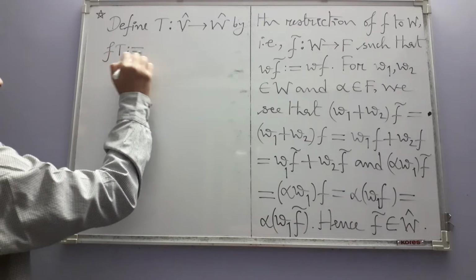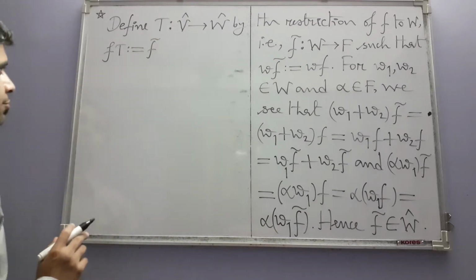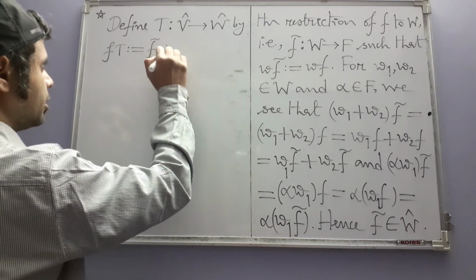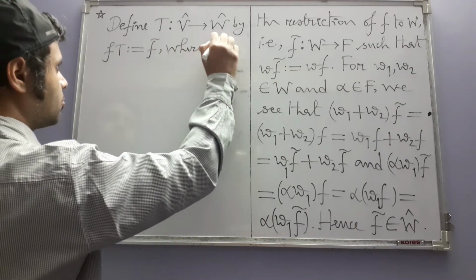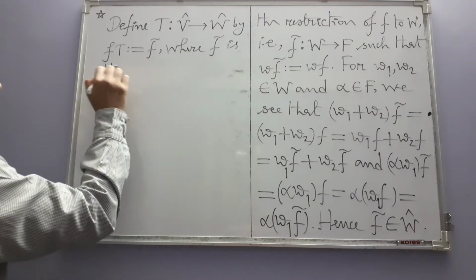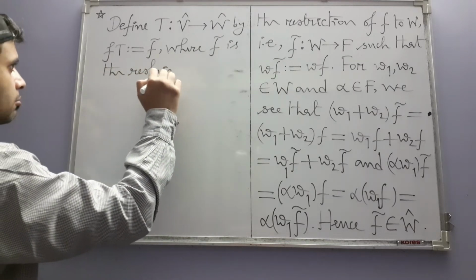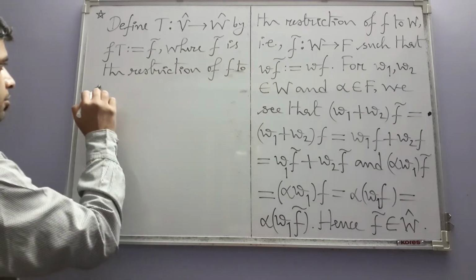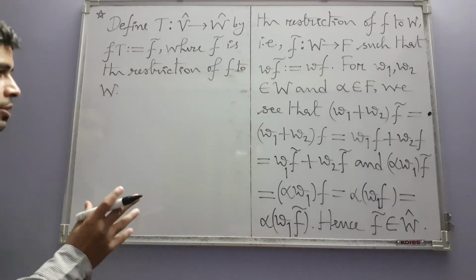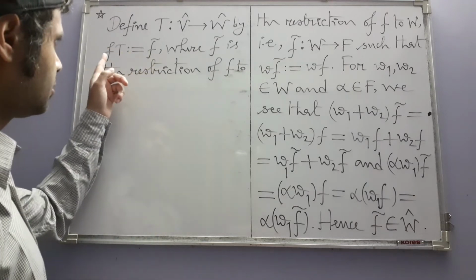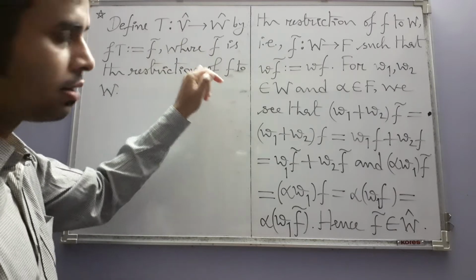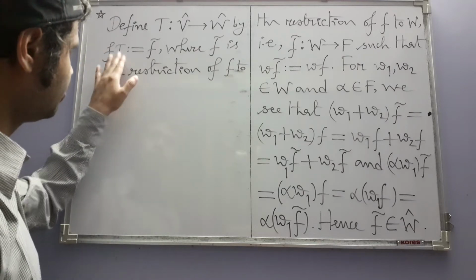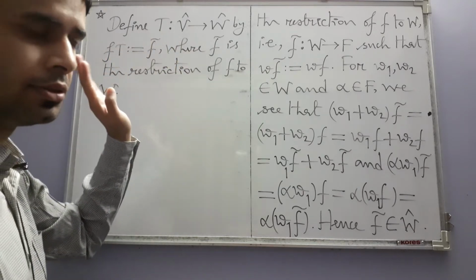F T is by definition F tilde, and if you want to be still more specific, you can write where F tilde is the restriction of F to W. So it's not just about the particular function F, but any function, any functional in V. For any functional F in V, we are defining the function T like this.